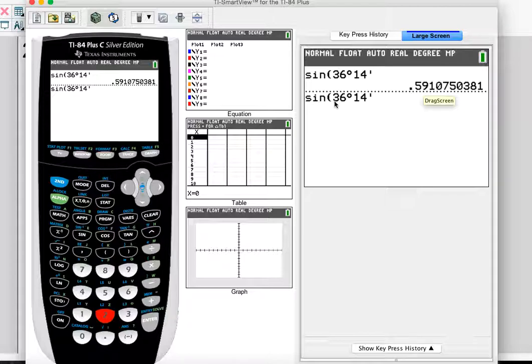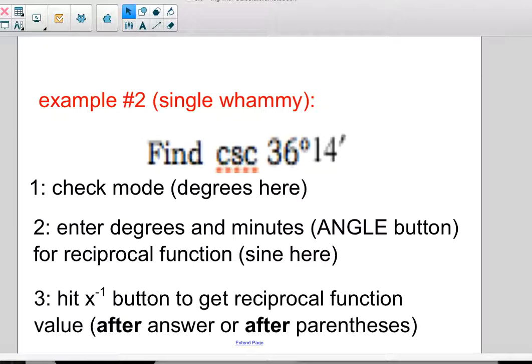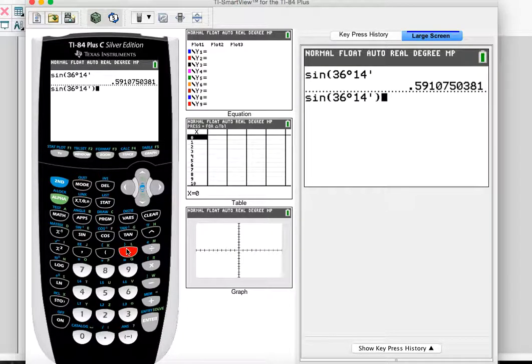This is going to give me the same answer as sine, so how do I make this into cosecant? Well, cosecant is 1 over sine. A couple of ways you could do it: hit the -1 button after the parentheses, which is going to make it an inverse. So I'm going to close out the parentheses and then do the -1. That's the same thing as 1 over sine of 36 degrees 14 minutes.